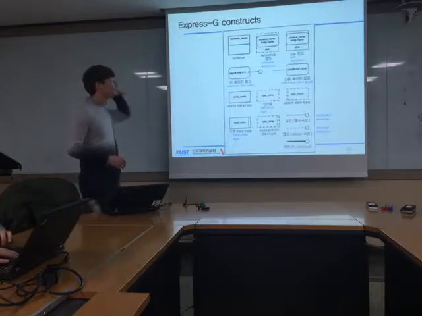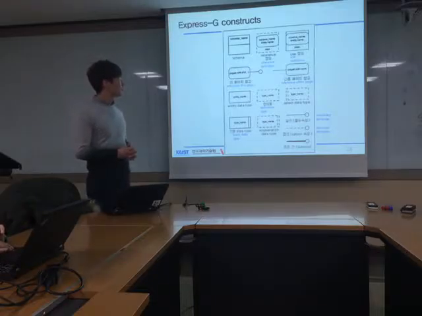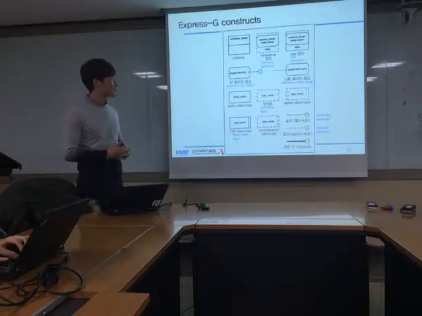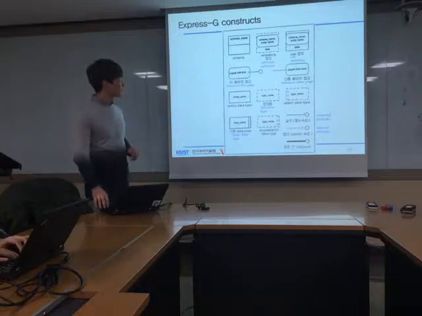And these are the Express tree constructs, composed of schema, reference, and use definition, entity data type, definition type, select data type, base data type, and enumeration data type.